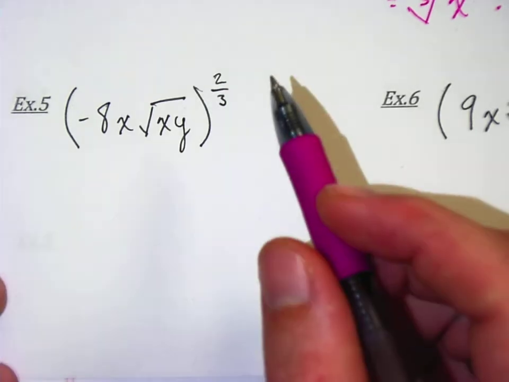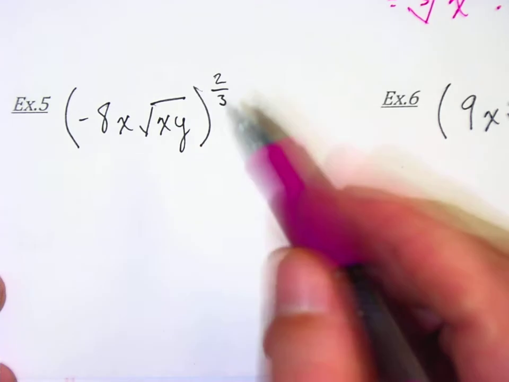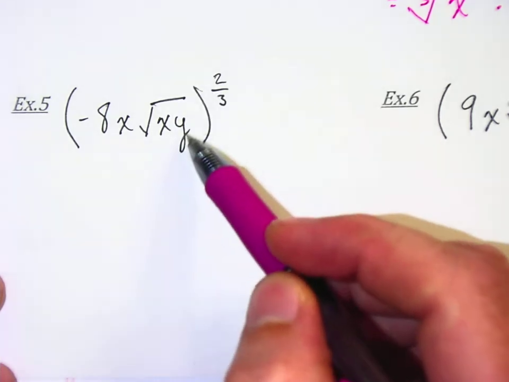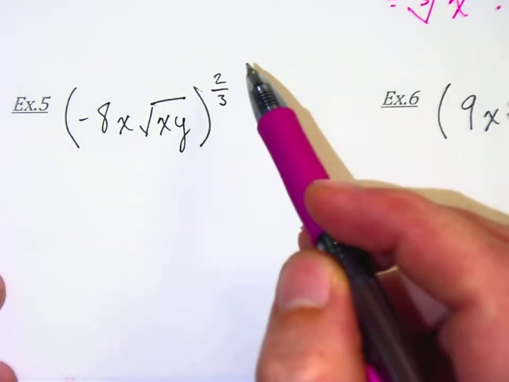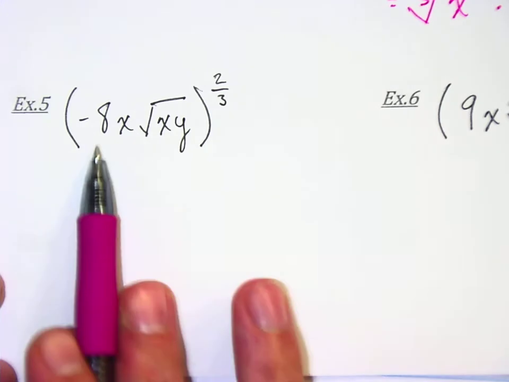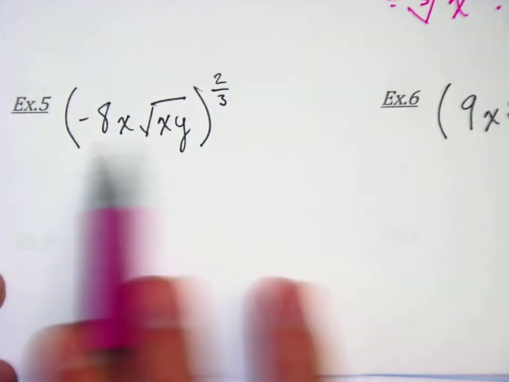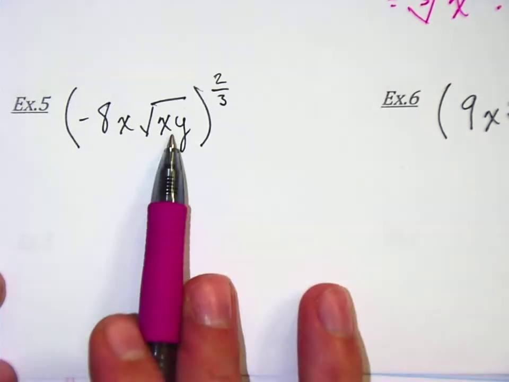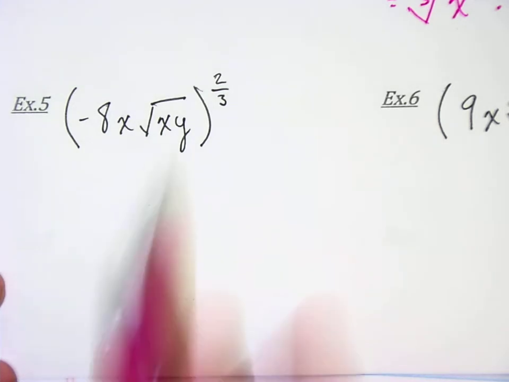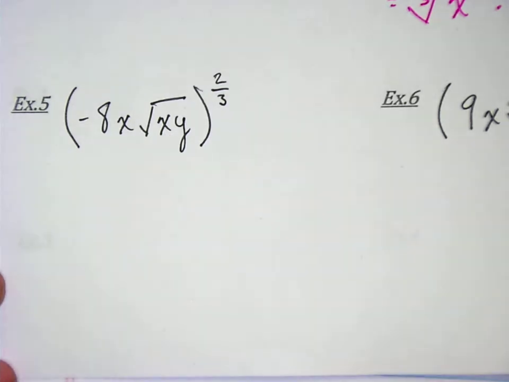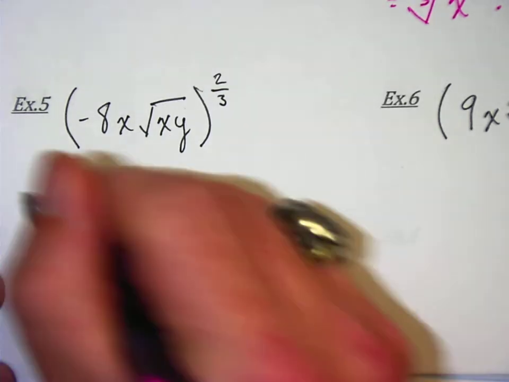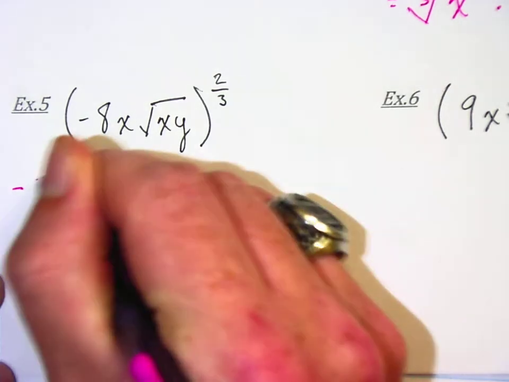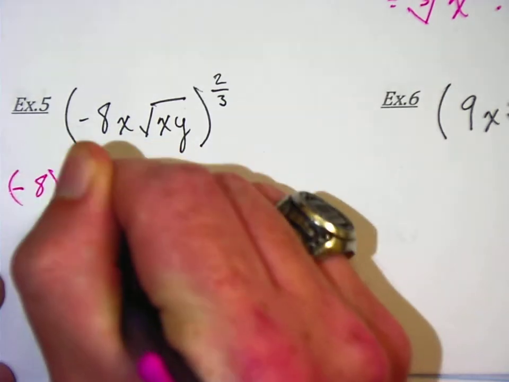All right. We've got similar to what we had in the first couple of examples, with the exception of what's inside the parentheses is a bit more complex than our first couple of examples. So I'm going to do just a couple of things a little differently.